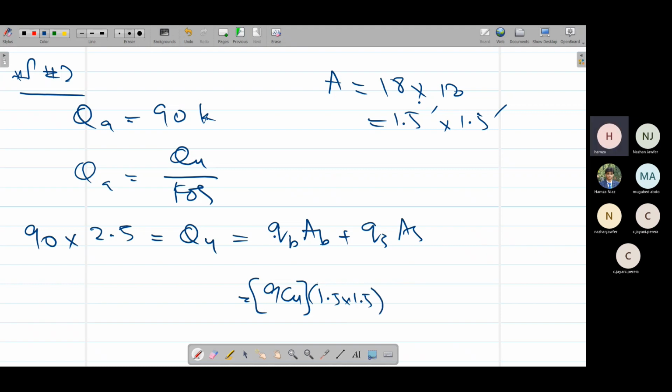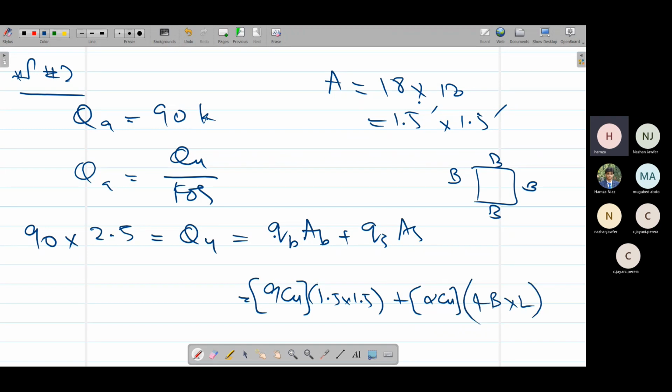Now QS for this is alpha times Cu, whatever the value is, and AS for the square cross section. For example, if one side is B, what would be its perimeter? The perimeter for the square is 4 times B. If we multiply this by L, we get the surface area.